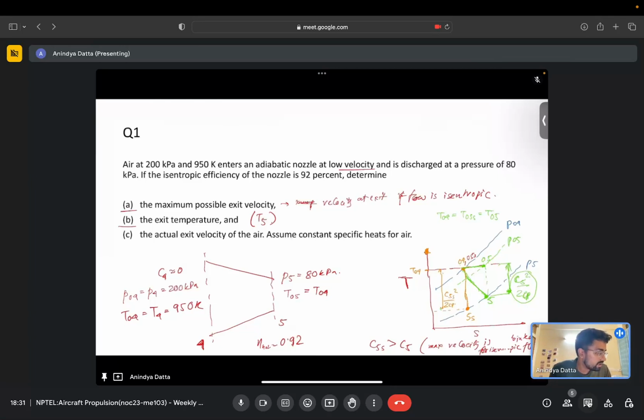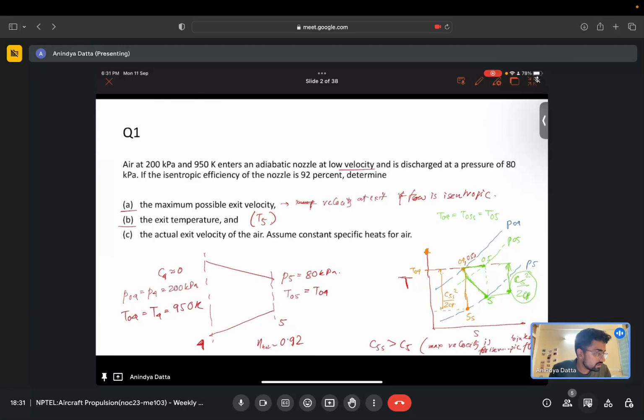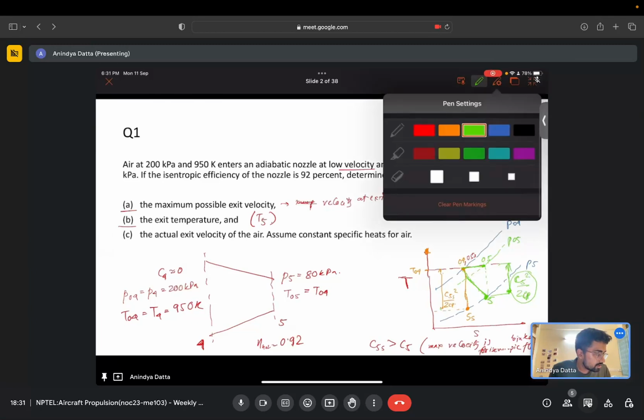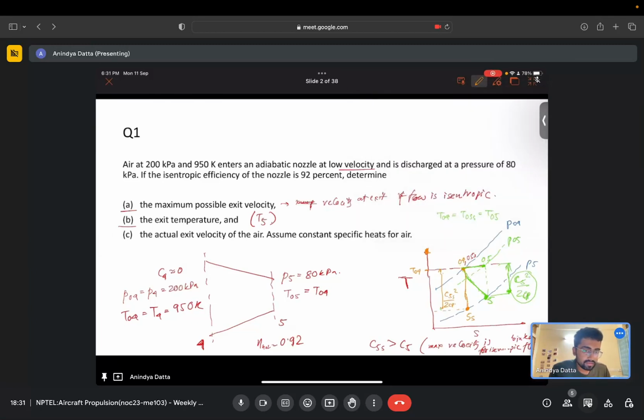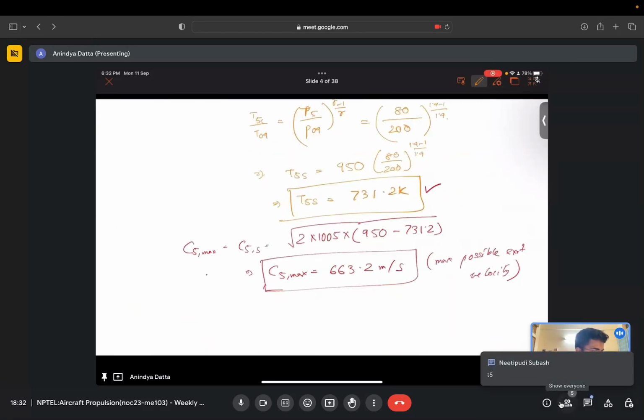So the green point is your T5, right? And this orange one is your 5s. So which is greater, T5 or T5s? Right. So T5 is greater, right?